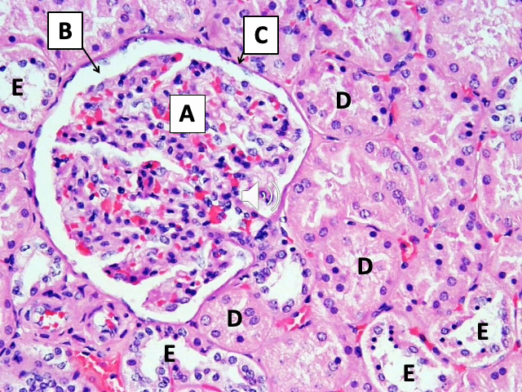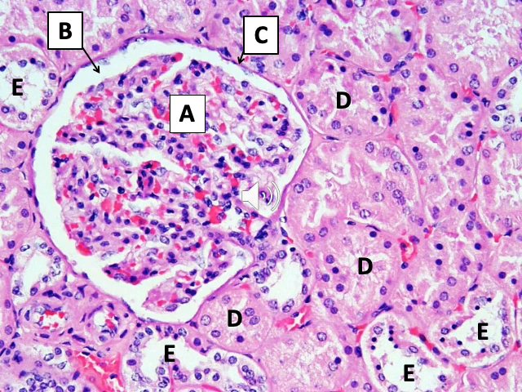Look at this picture carefully. You can see the glomerulus and the Bowman capsule, proximal convoluted tubule and distal convoluted tubules. A indicates the glomerulus and B is the Bowman capsular space. C is the outer layer of the Bowman capsule, which is lined by the simple squamous epithelium.